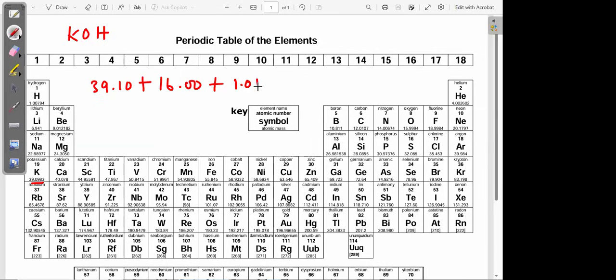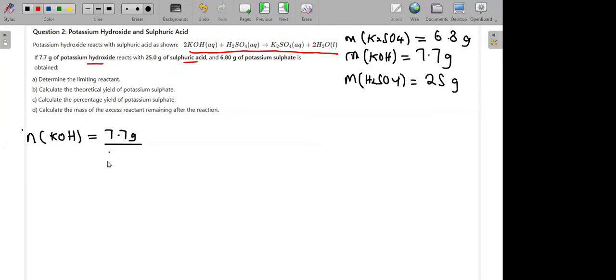So I can add 39.10 plus 16.00 plus 1.01, and I'm getting my molar mass for potassium hydroxide as 56.02 grams per mole. Also check on your calculator so that we are consistent with whatever we are finding. So here, the grams and the grams cancel out. So I just have 7.7 divided by 56.02. That is going to give me 0.1375 moles.